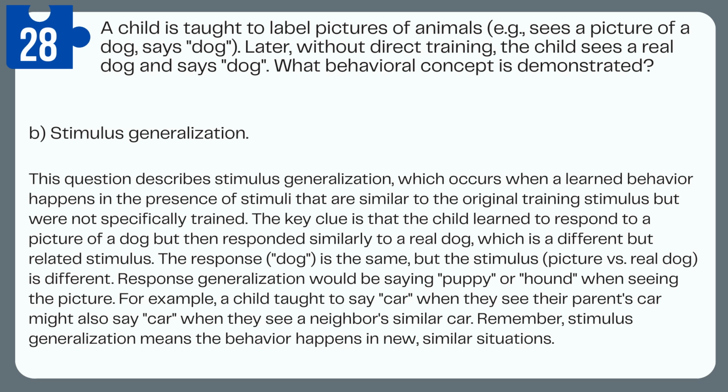The response, dog, is the same, but the stimulus, picture vs. real dog, is different. Response generalization would be saying puppy or hound when seeing the picture. For example, a child taught to say car when they see their parents' car might also say car when they see a neighbor's similar car. Remember, stimulus generalization means the behavior happens in new, similar situations.